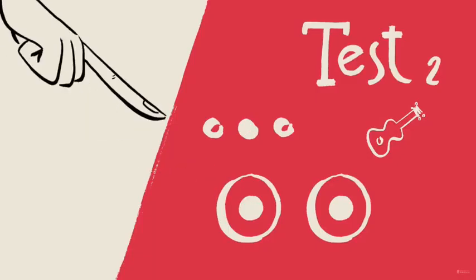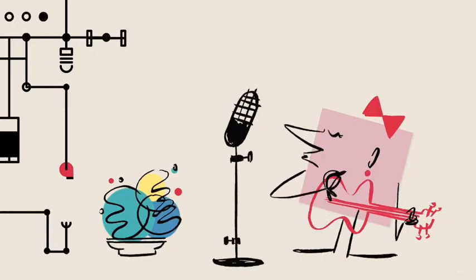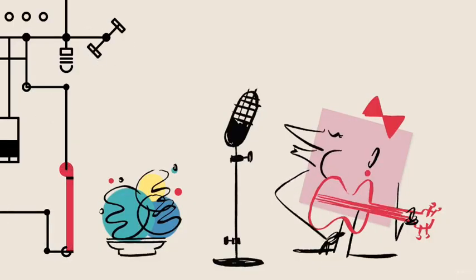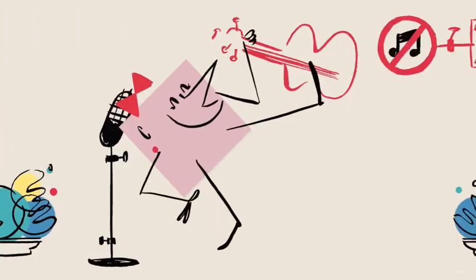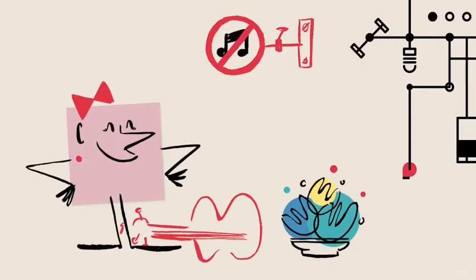Other hypothesis had to do with music. So we're going to play music for one plant and not for the other. See if that affects how fast they grow.